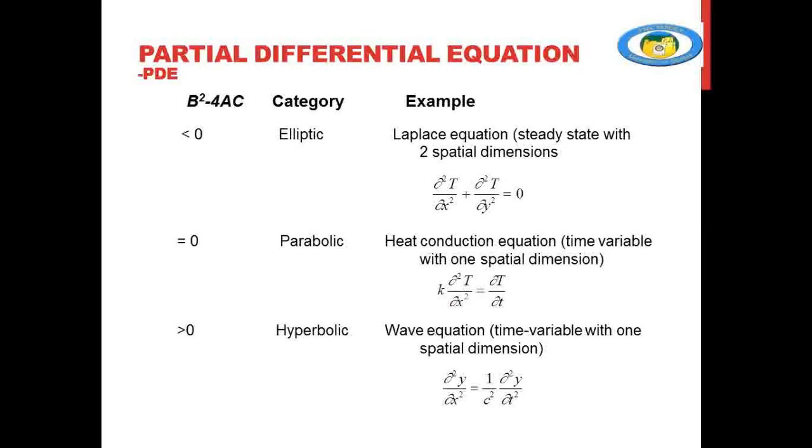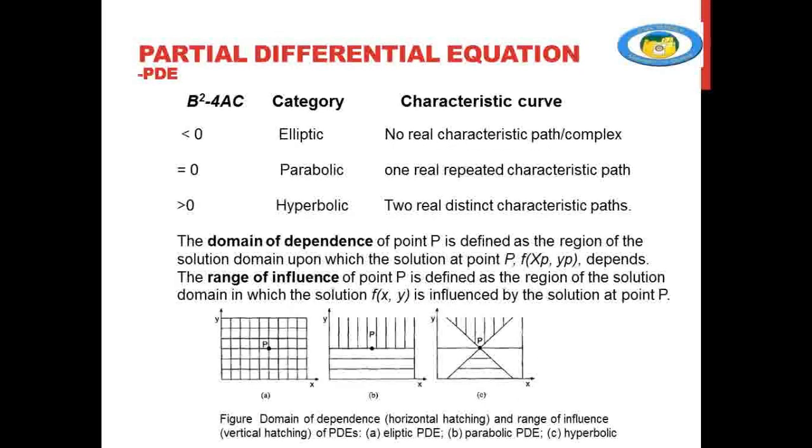Now, when the b squared minus 4ac term is less than 0, we said it's the elliptic category. It would have no real characteristic curves or paths. Essentially, this is a problem which has arrived at steady state.